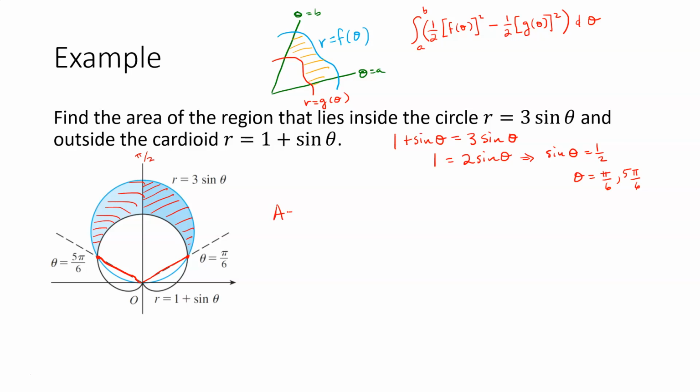So here the area would be the integral from pi over 6 to 5 pi over 6 of 1 half. The outer radius was 3 sine theta, and then we'll square it, minus the inner curve, which was 1 plus sine theta, squared.